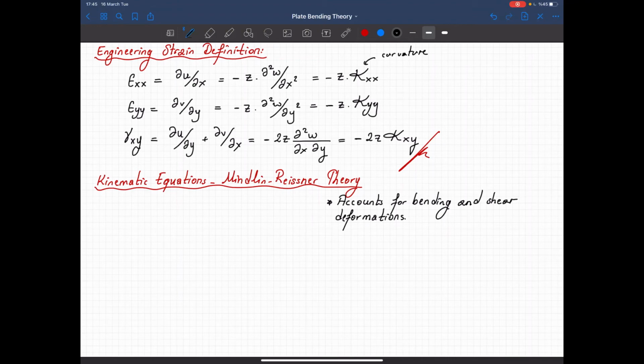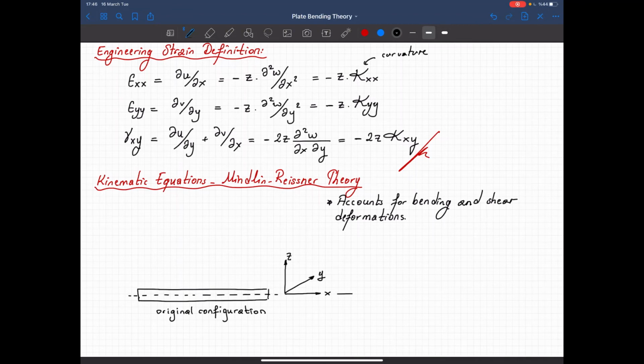So let's draw the same figure one more time. This is our plate. That's the mid surface. This is the original configuration. This is the x direction, the y direction, and this will be the z direction, and these are the positive direction if we use the right hand rule.